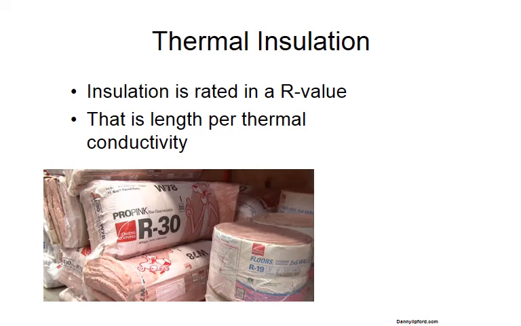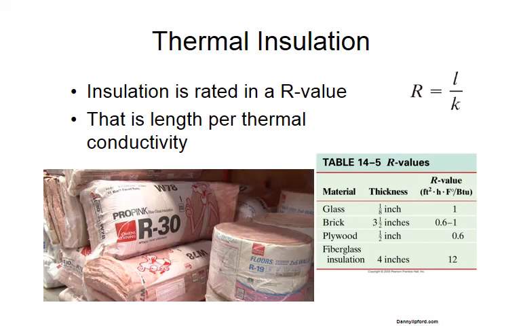Thermal insulation is rated for a certain R value, which is the length per thermal conductivity we deal with there. So we have the different substances here. The R value of glass here is 1, whereas fiberglass is higher, and then other substances.